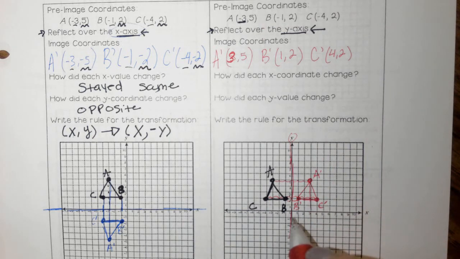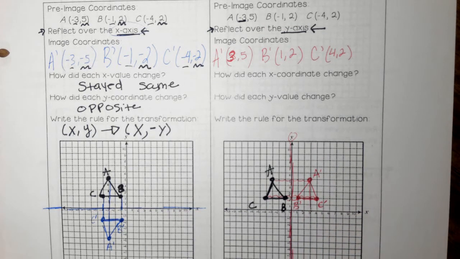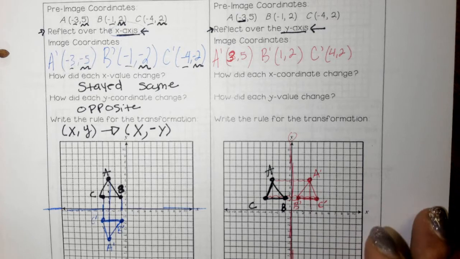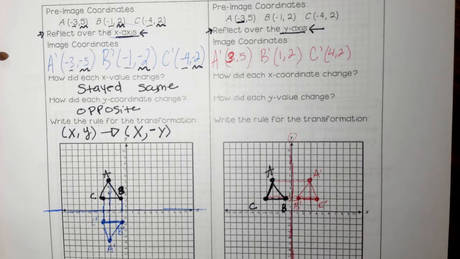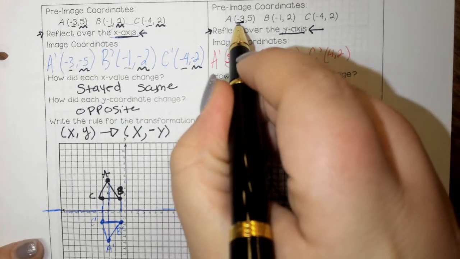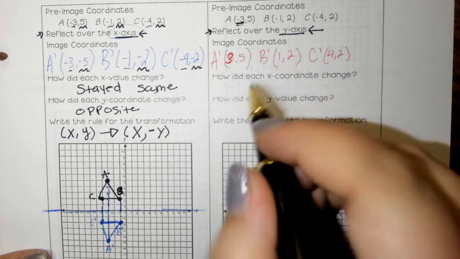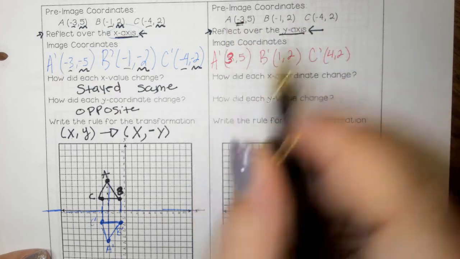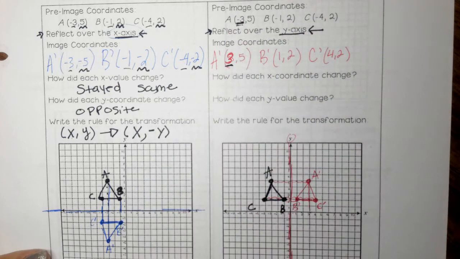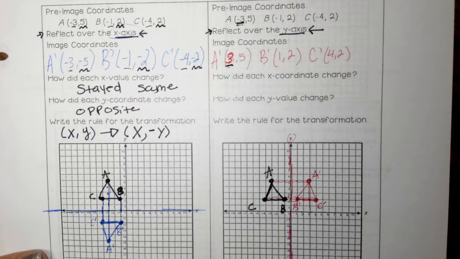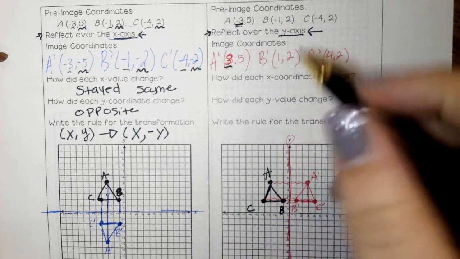This is A, that is at 1, 2, 3. Those numbers are a little hard to read, and I clearly didn't count. So we start at -3 for the x value in point A, and we end up at +3 for A prime's x value. So we just changed the sign there.